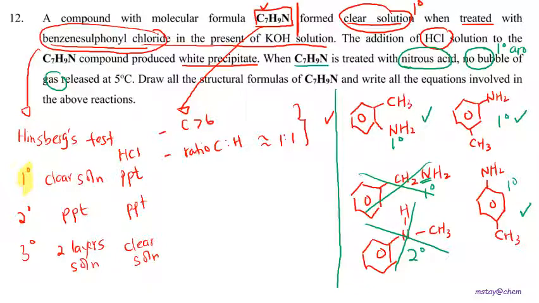The question asks us to draw all the structural formulae, so each of these structural formulae will have 1 mark. Here we have 1, here we have another 1, and here another 1. Altogether we are able to suggest three structural formulae based on the observations given.